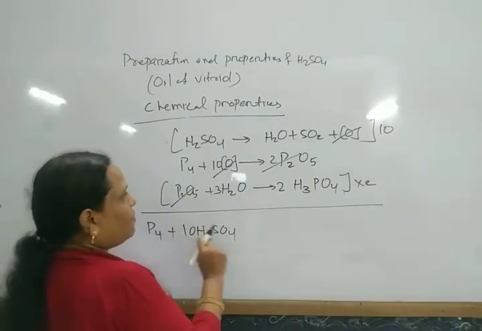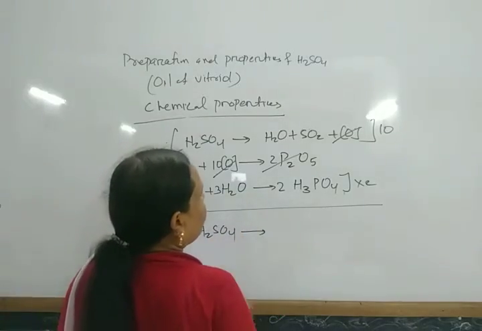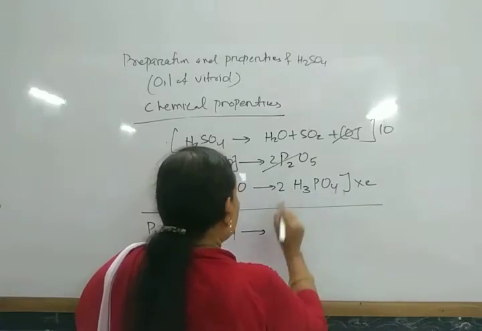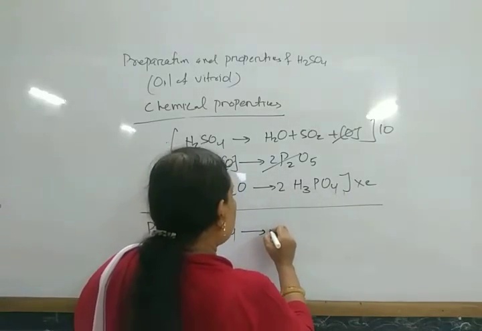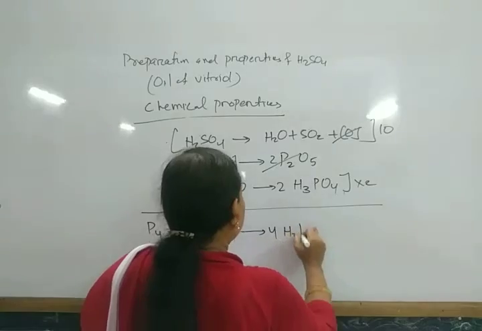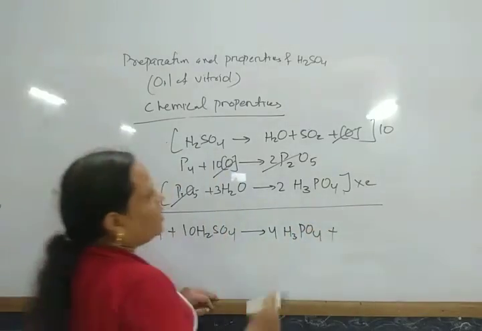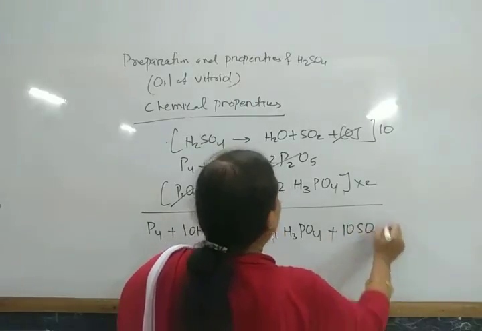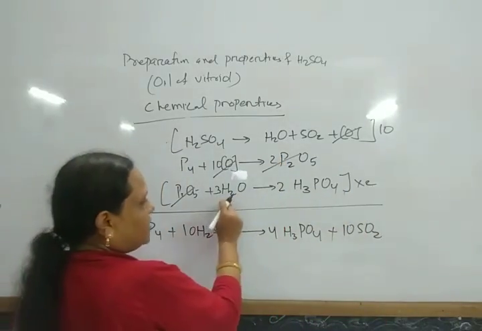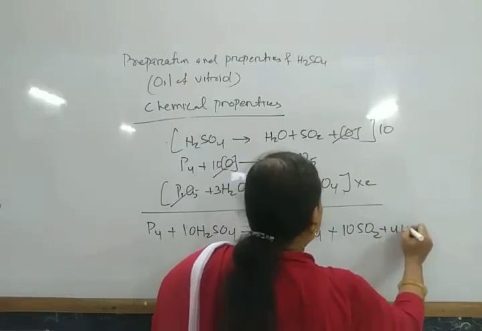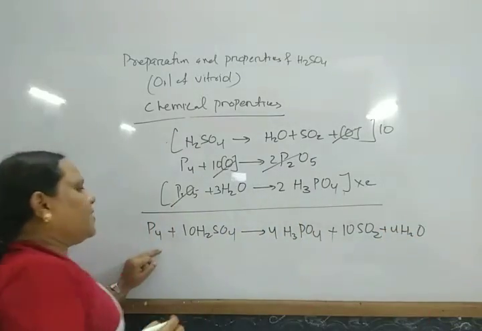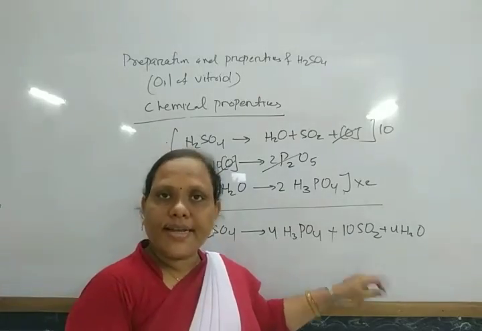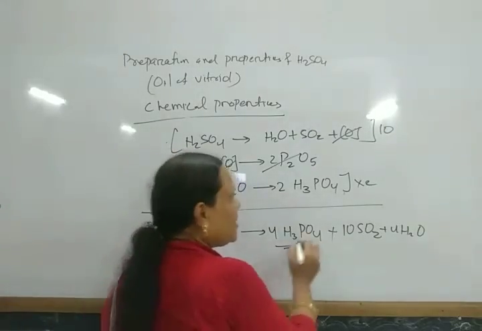Okay, so P4 plus 10 H2SO4 gives rise to 2 into 2, that is 4 H3PO4, plus here how many sulfur dioxide? 10 SO2, here 10 H2 and here 6 H2O, that is 4 H2O. So when treated with phosphorus, it forms sulfur dioxide and phosphoric acid.